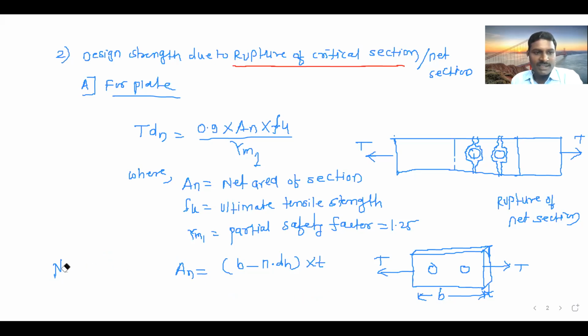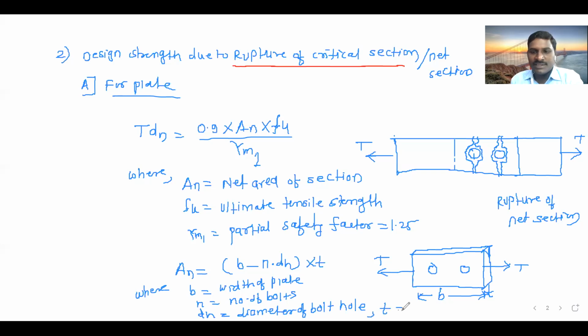Here I will tell you, write down: B is equal to width of plate, N is equal to number of bolts or bolt holes, DH is equal to diameter of bolt hole, and T is equal to thickness of plate. Got it, everyone?